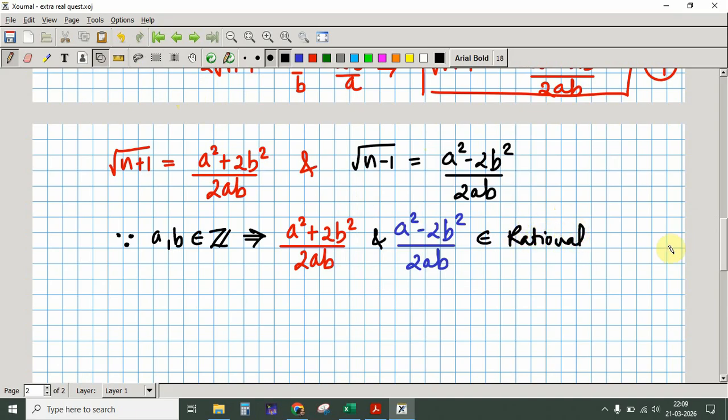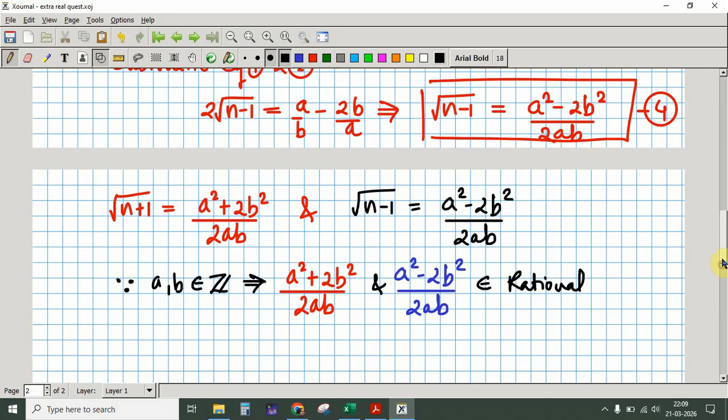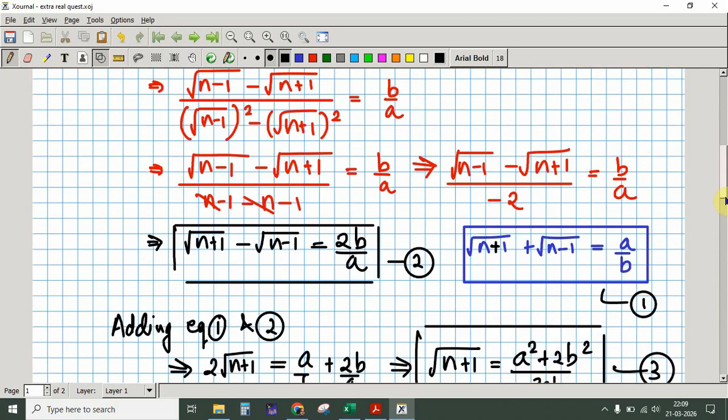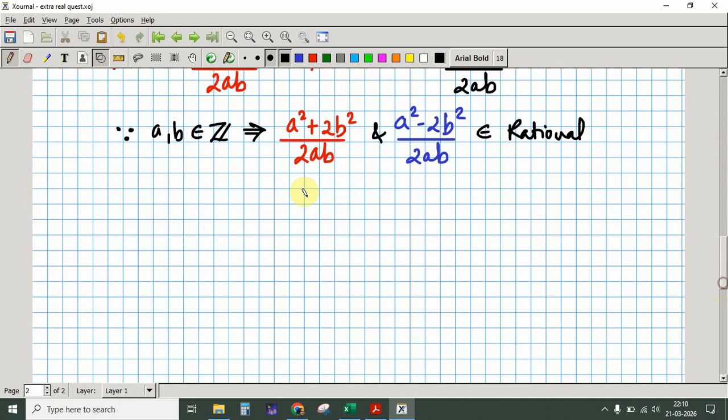I'm writing it very straightforwardly because this question is already very lengthy and it's a good intense solution. Otherwise what we are supposed to write is a, b belongs to z, which implies this combination also belongs to z, 2ab also belongs to z, which implies this type of combination, one in the numerator and one in the denominator, belongs to a rational. So I'm skipping this.